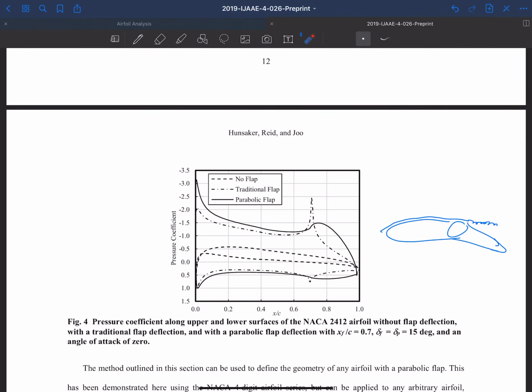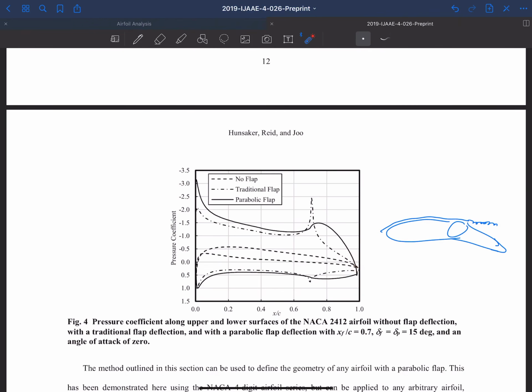Once we go to the parabolic flap, we still get a bump near the hinge point, but the pressure gradient isn't nearly as bad right at the hinge point. When we move further back, that's where we get a really harsh pressure gradient, closer to the trailing edge.